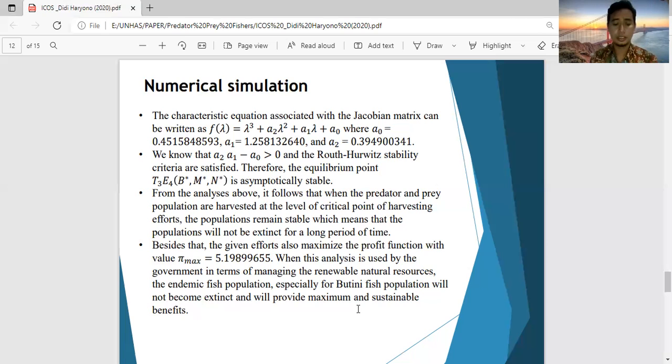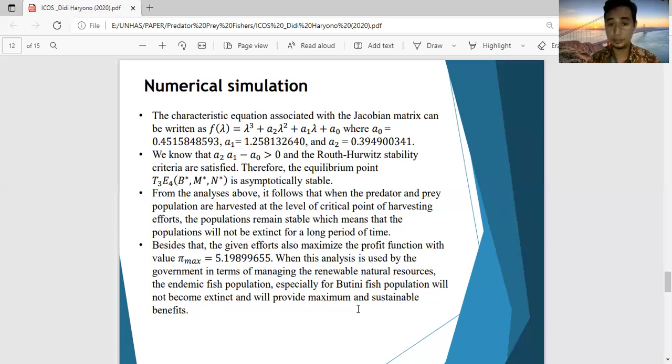Besides that, the given effort also maximizes the profit function with value P max equals 5.19899,655.